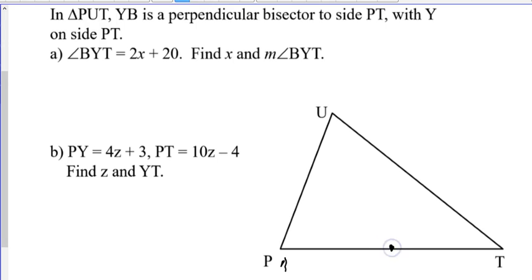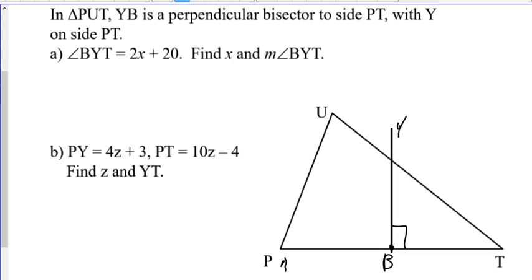I'm estimating. Okay, there is my midpoint of PT. You probably want to use a straight edge for this because you want it to be 90 degrees. So there is my perpendicular bisector. And we call it YB. So here's Y, and there's B.